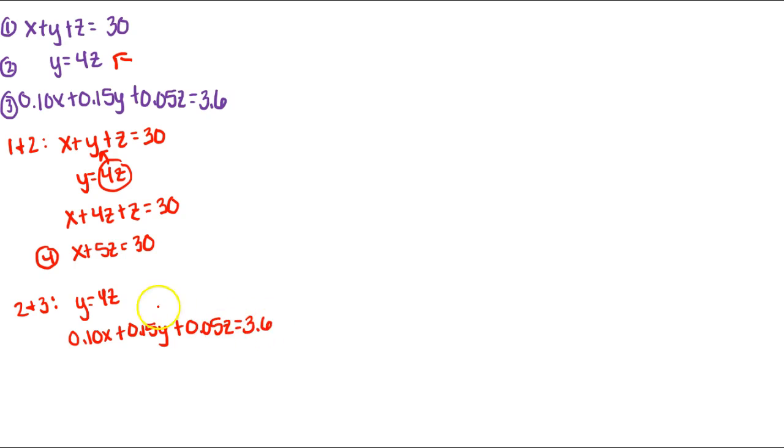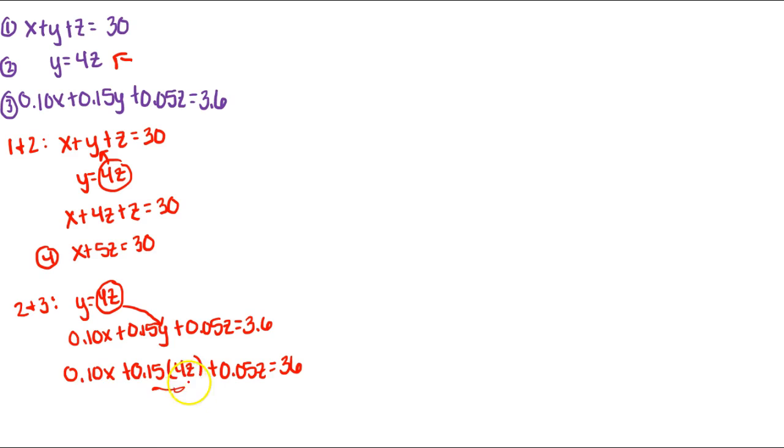And remember, I'm going to take this, and I'm going to plug it in right there for that y. We have 0.10x plus 0.15 times 4z plus 0.05z equal to 3.6.